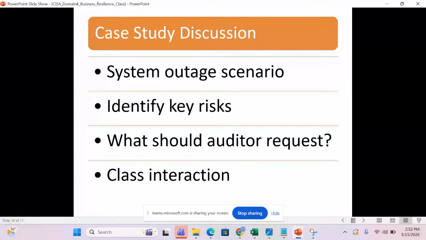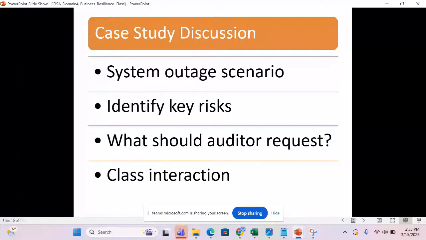So you need to identify key risks. You need to always think from the part of risk as an IT auditor. What risk can happen if we don't have a backup for the system? In fact, for every system you need to have a backup, because what happens when the primary one goes down? So what should an IT auditor request when carrying out the BCP?